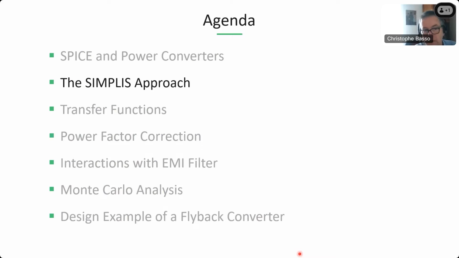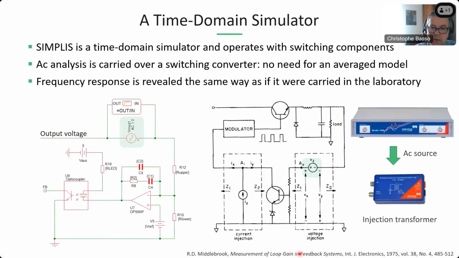So let's have a look now at the SIMPLIS approach, which operates differently than SPICE does. In AC analysis, SIMPLIS examines the time domain response of the converter to an extremely small time domain sine wave perturbation signal, because it's always important, whether in transient analysis or using the frequency response analyzer, that when you inject a sine wave, the converter remains linear all the time.